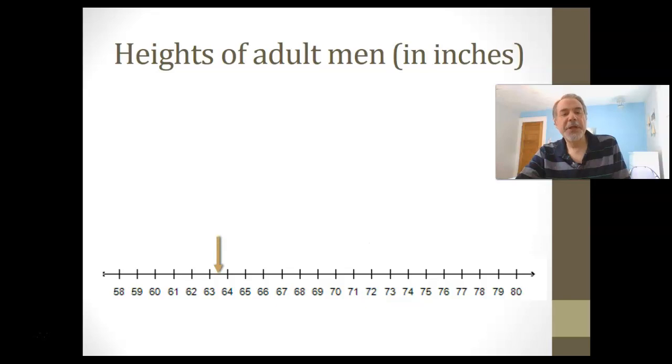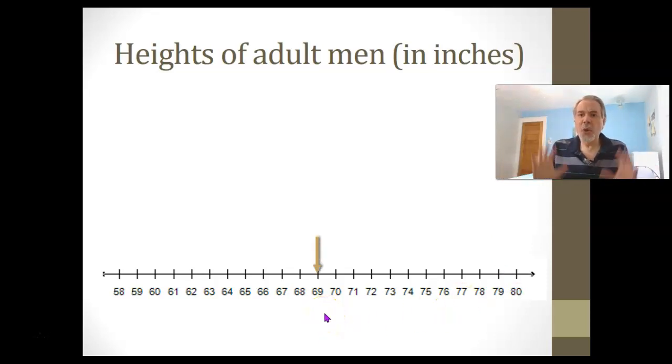Another man might be 63.5 inches. So that would be 5 foot 3.5 inches tall. Another man might be 79.2 inches. Another man might be 69 inches, which would put him right at the average.